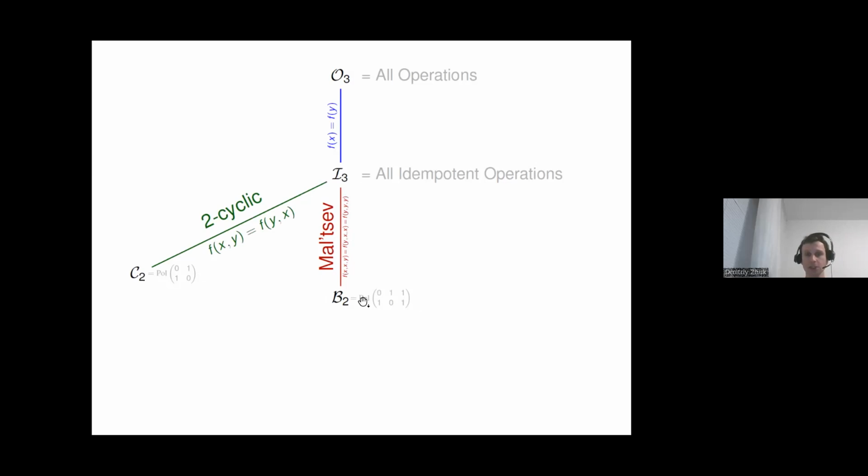And this is one of the advantages of considering minor preserving maps and clone homomorphisms, because we now can compare clones on different domains. Okay, so this is C2. C2 doesn't have a two-cyclic operation, a symmetric binary operation, while I3 has. And another one is C3, which doesn't have a three-cyclic operation. And two weeks ago, Albert presented this result that we have only three sub-maximal classes in this poset.